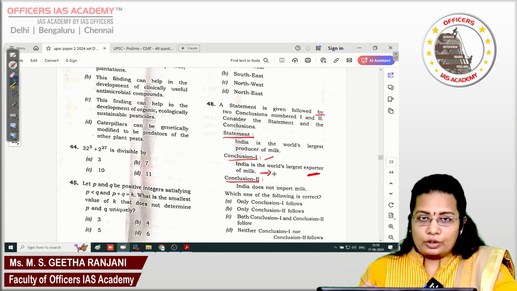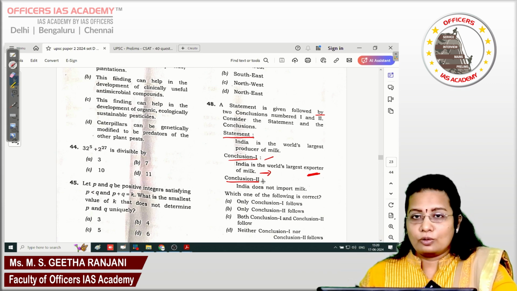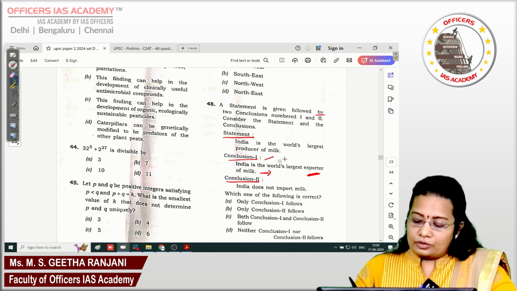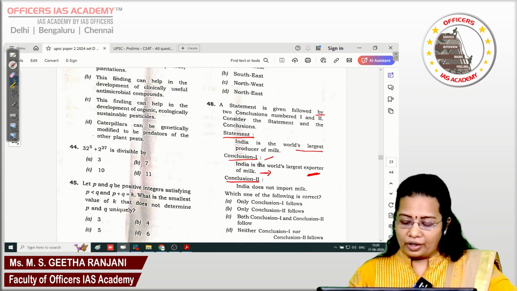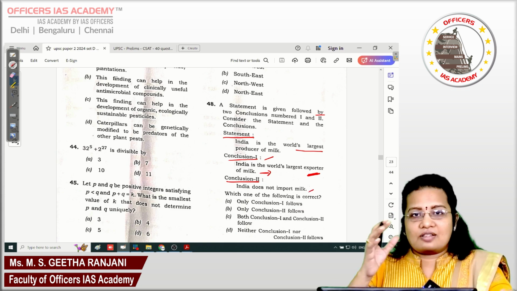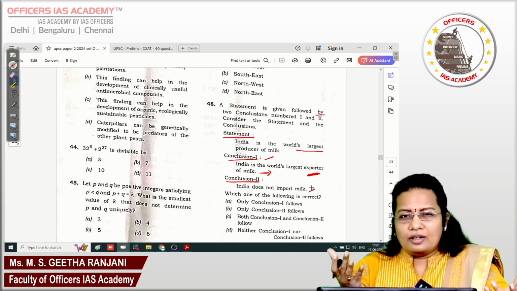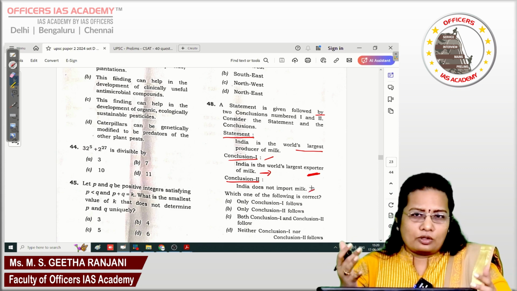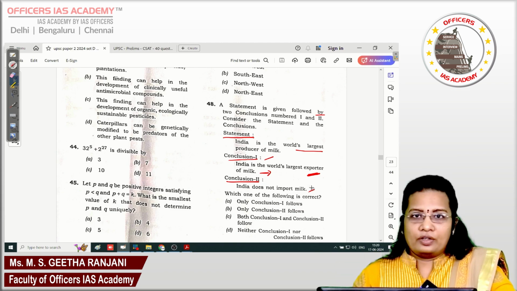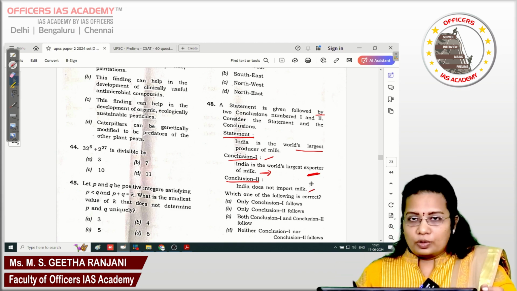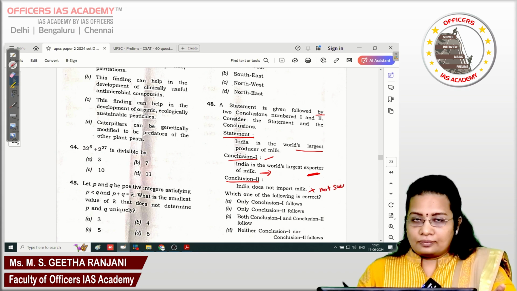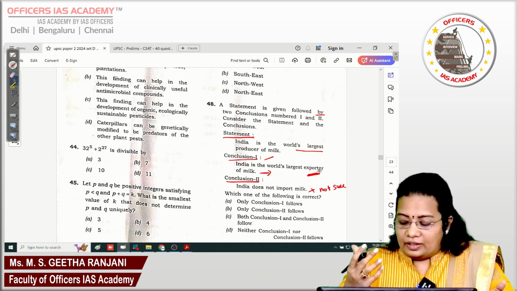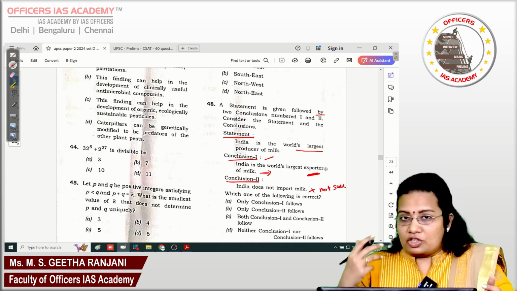The next one, conclusion number 2. India does not import milk. So here, world's largest producer of milk is one of the points. From this, India does not import milk. There is a possibility, yes. But here it is a definite statement, and this one is not sure. Because suppose the demand is much higher.